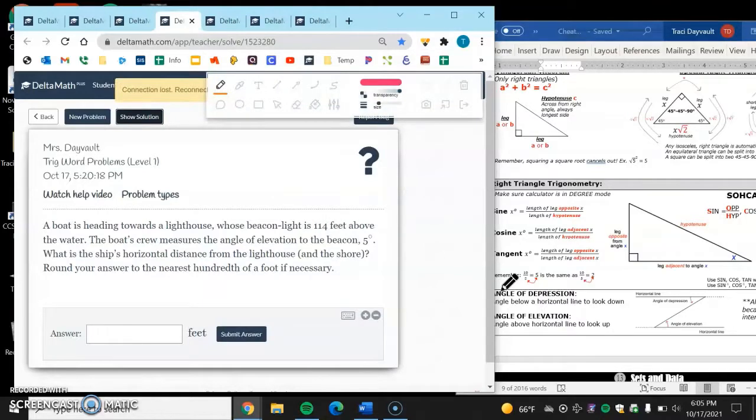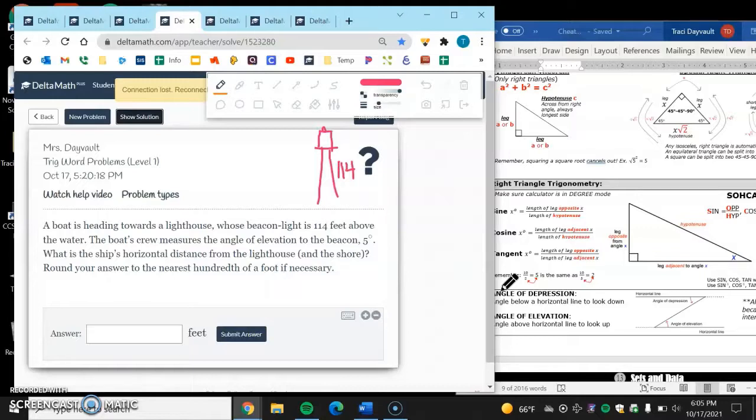A boat is headed towards a lighthouse whose beacon light is 114 feet above the water. So I know I have a lighthouse here. I am not a good lighthouse drawer, unfortunately. And the light is 114 feet above the water, so that would mean the lighthouse is 114 feet tall.